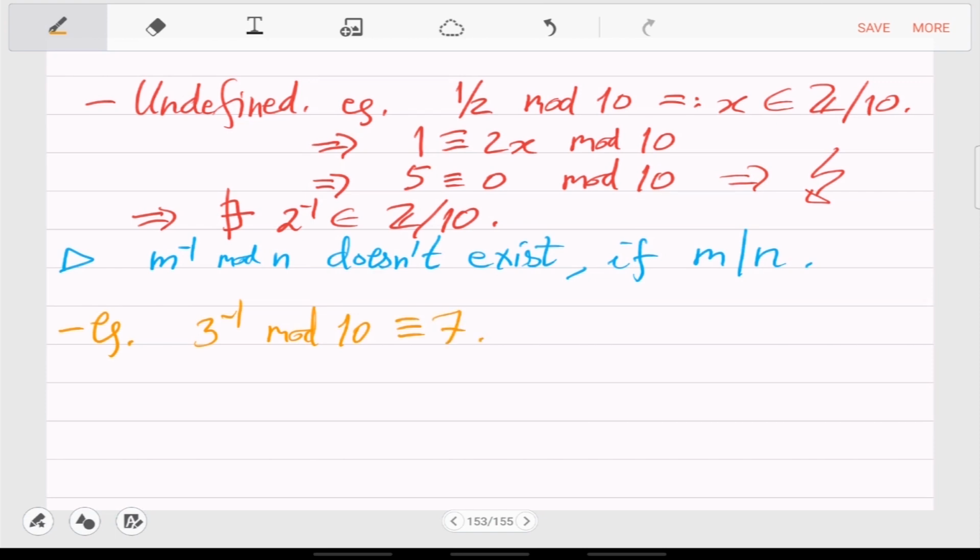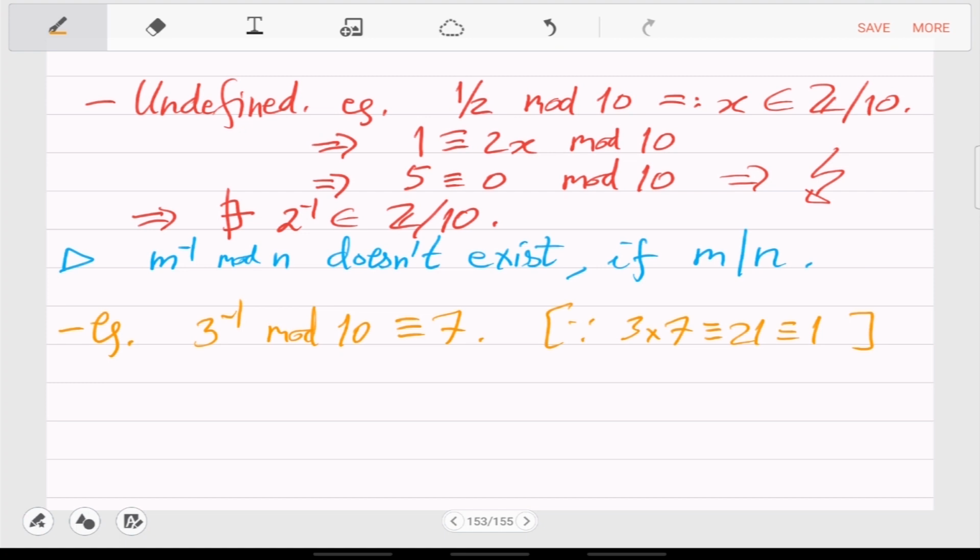Because 7 times 3 is 21, which is 1. Is it fine? Yeah, so for some numbers, for some representatives, inverse is there. For other representatives, it is not there.